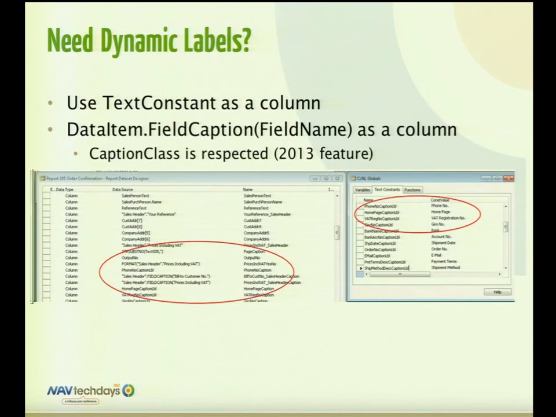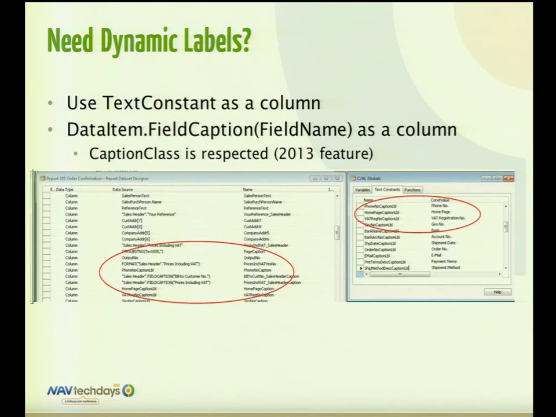So what do you do if you still need labels which change per line? What you need to do, and this is what we have done when we automatically upgrade our reports from 2009 to 2013, is create text constants and use those text constants inside your data source as a field. That is one way of doing it.